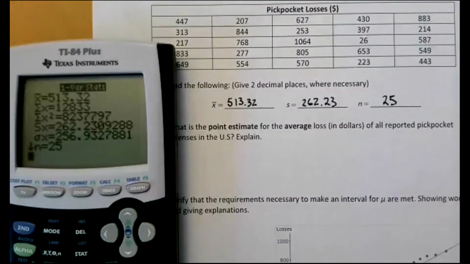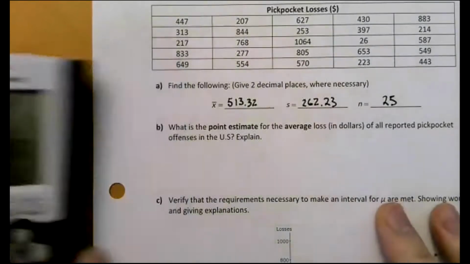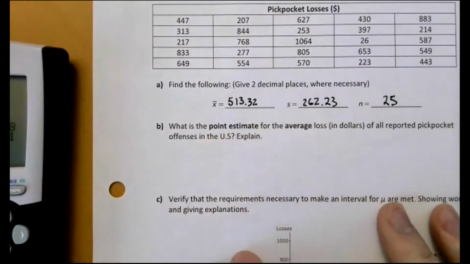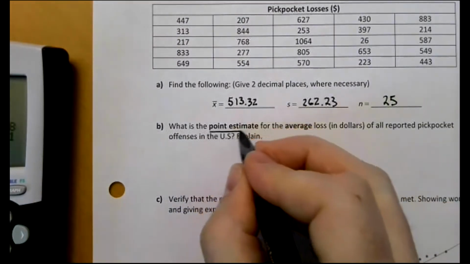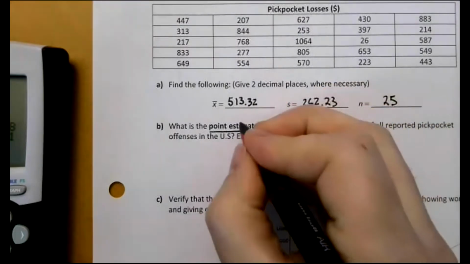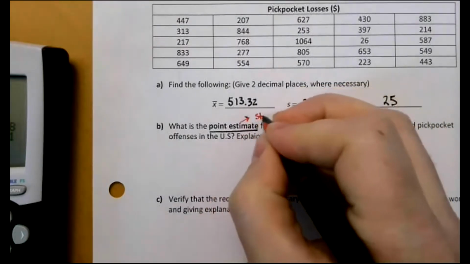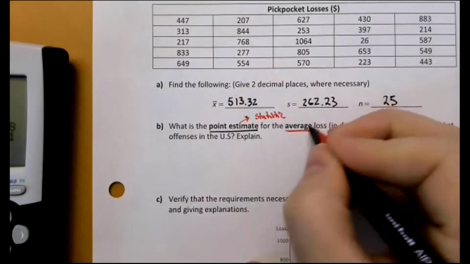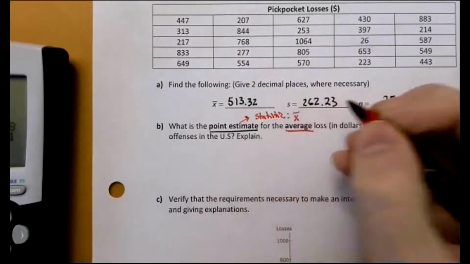Okay, so if that's true, then what is the point estimate for the average loss? So recall what the point estimate is. That is the statistic. And the statistic we're interested in here is average. So in this case, it's X bar.